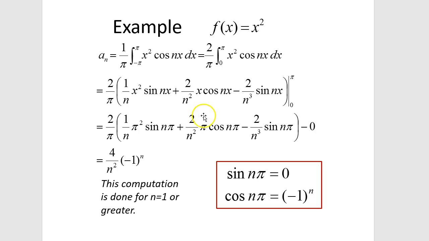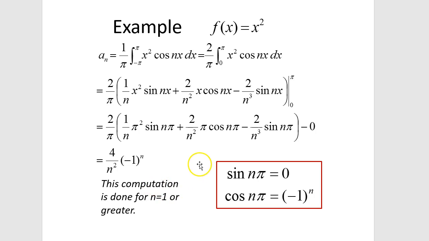So here's an example. Suppose you have f(x) equals x squared. Now you can integrate this with respect to cosine nx, and by doing integration by parts, we end up with the following conclusion.